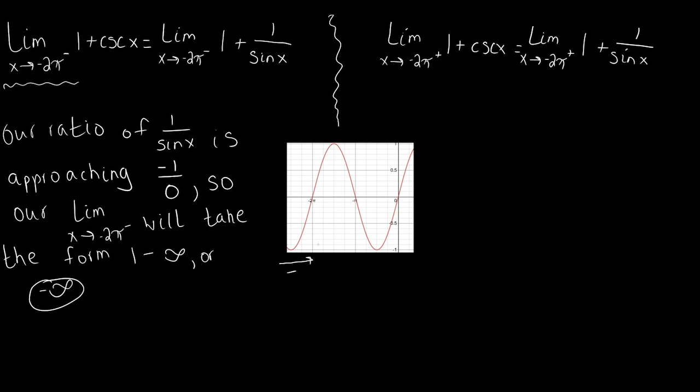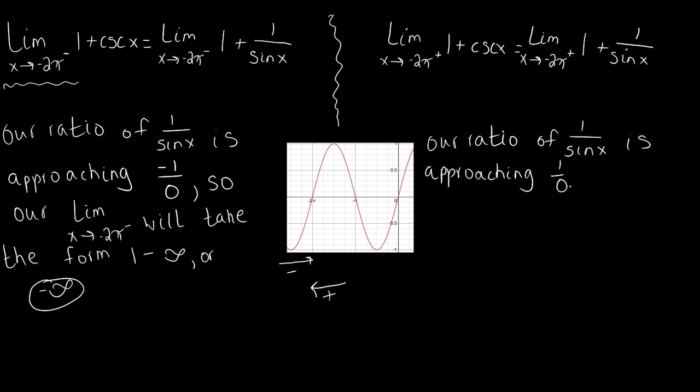Let's look at it from the other direction now, where we're approaching -2 pi from the right. We see that again, sine of x is going to be approaching 0, but in this instance we're getting a lot of positive values up here. They're getting closer and closer to 0, but we're still staying positive. So in the case where it's approaching -2 pi from the right, our ratio of 1 over sine x is approaching 1 over 0.